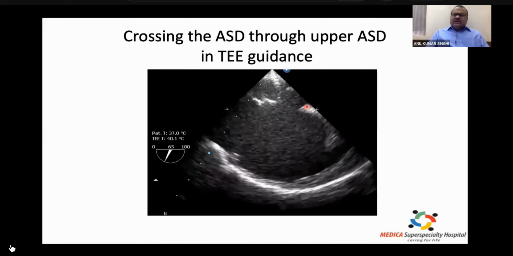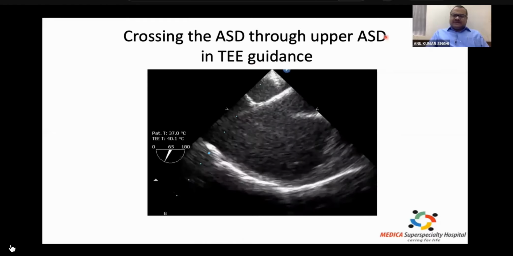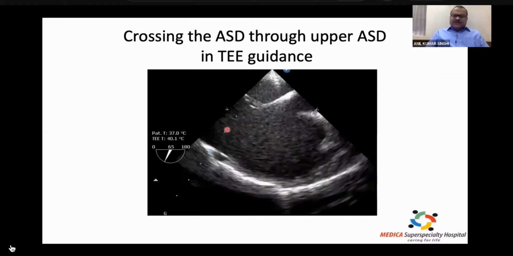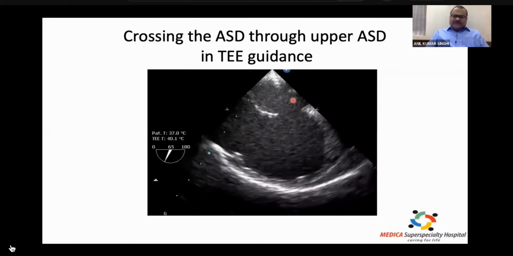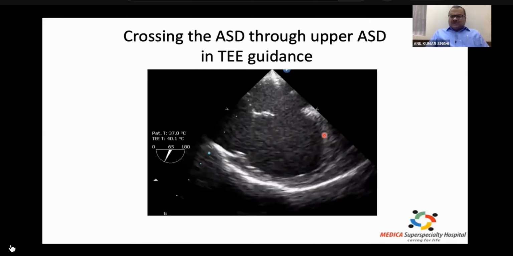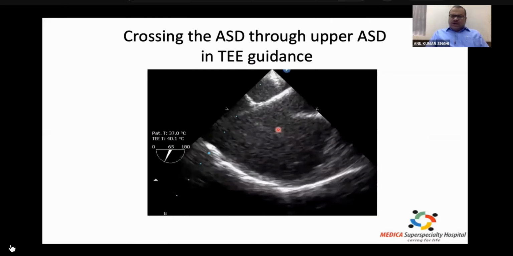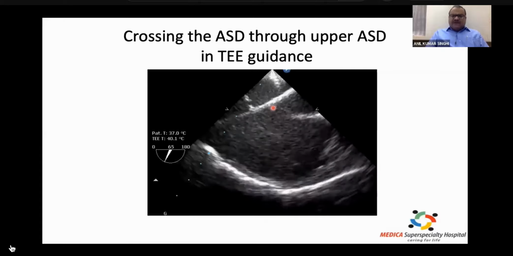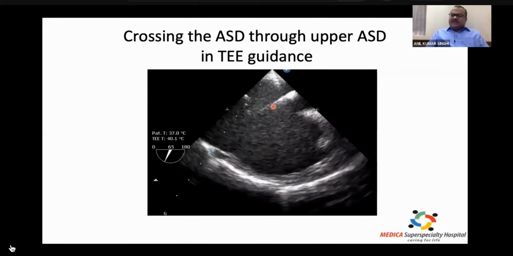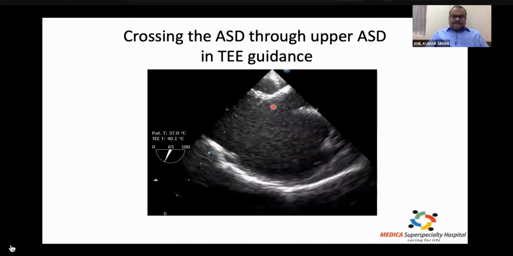So here the most important part was crossing the ASD through the upper hole, and that required TEE guidance. You can appreciate we have this catheter, and that catheter was crossing the superior hole, and that fact was confirmed only on transesophageal echocardiogram, and that is the key point in the closure.